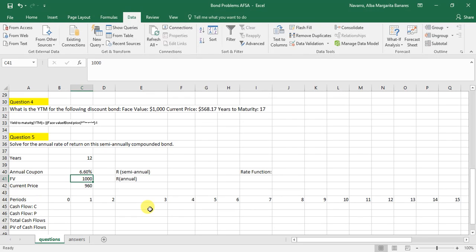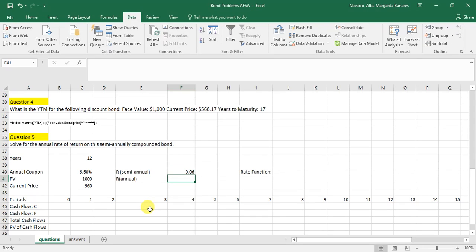So how we're going to start here, we are solving for R again, but we don't know what R is. So let's insert an arbitrary value for our semi-annual value. Let's change it up. Let's do 6%.